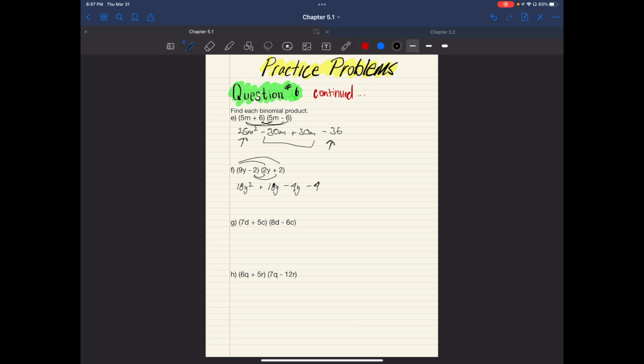Yep, okay. Next, we have 56d squared minus 42c. 5 times 8 is 40. So plus 40cd minus 30c squared.